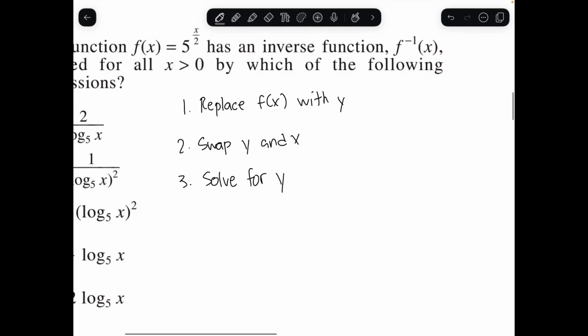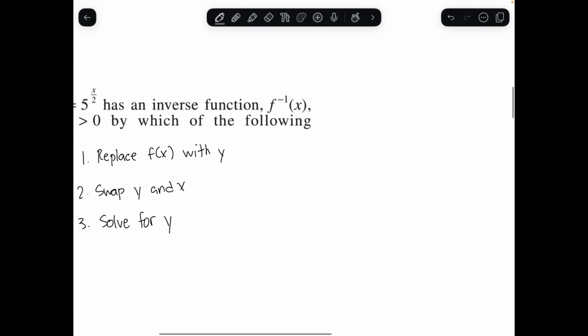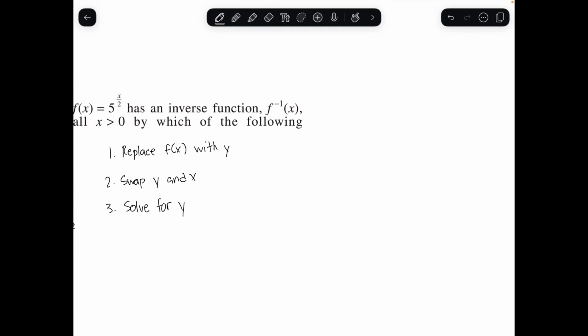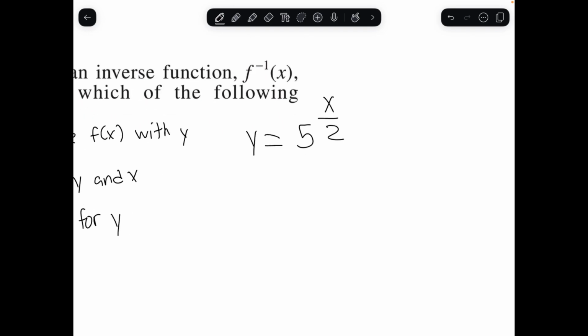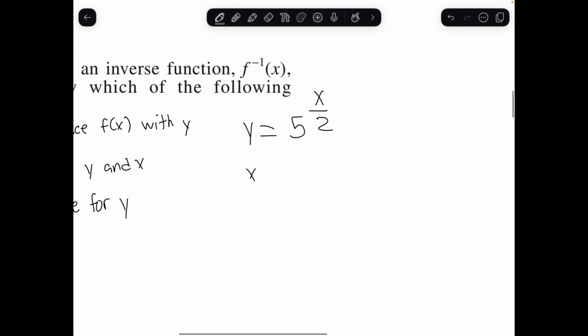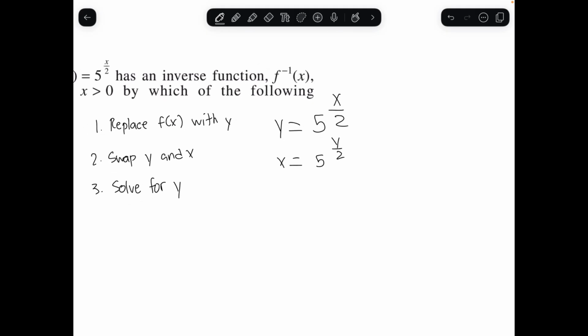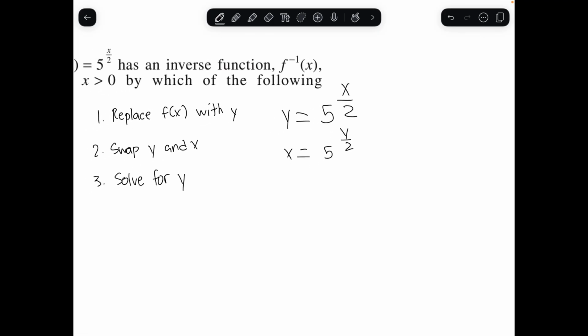So for this question, let's do the first step first, which is y equals 5 raised to the power of x over 2. Then swap y with x. x equals 5 to the y over 2. And now the third step, which is the trickiest part, would be solving for y.